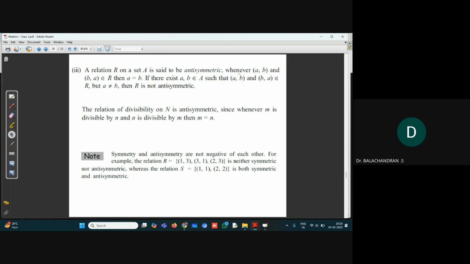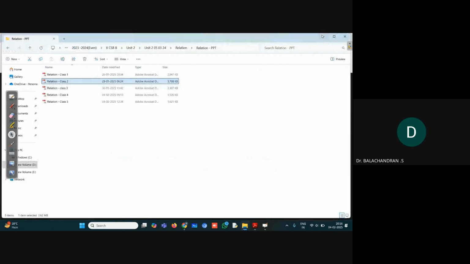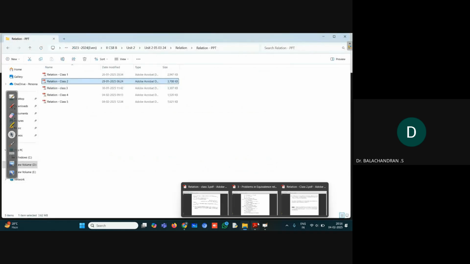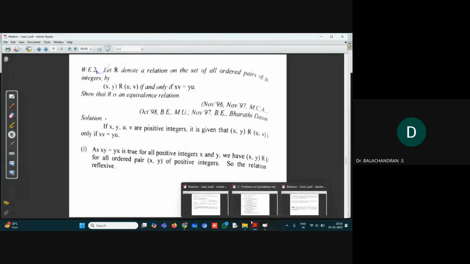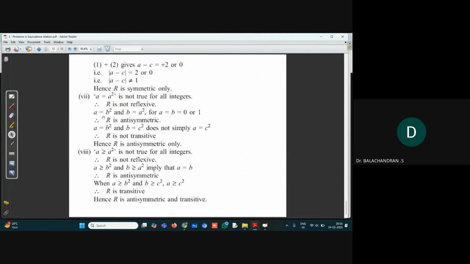So using this definition, suppose a is related to b, that is a equal to b square, and b equal to a square, then a equal to b holds for 0 and 1.